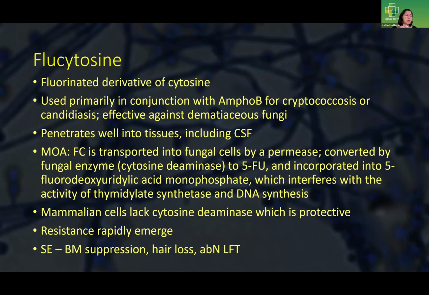Flucytosine is transported into fungal cells by permease, converted by cytosine deaminase to 5-FU, and incorporated into 5-fluorodeoxyuridylic acid monophosphate, which in turn interferes with the activity of thymidylate synthetase and DNA synthesis.